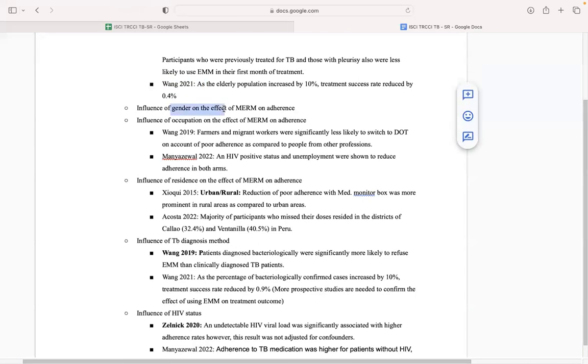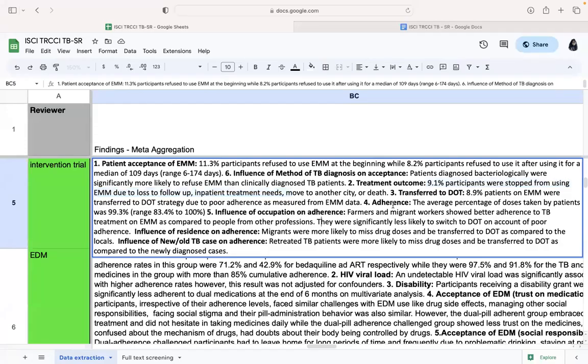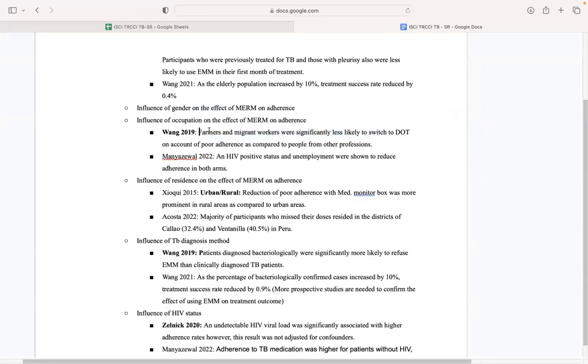Influence of gender, our study did not talk about it. Influence of occupation, our study did talk about it. If you remember, farmers and migrant workers were less likely to switch to DOT. We did rephrase that sentence, right? So what I'll do right now is copy paste from here. There you go, and paste it here.